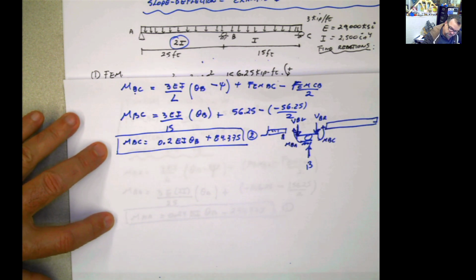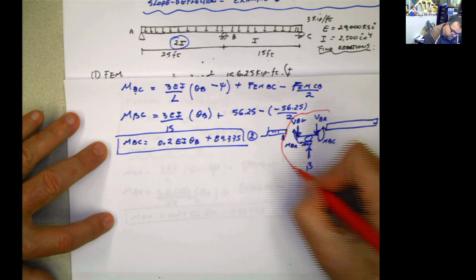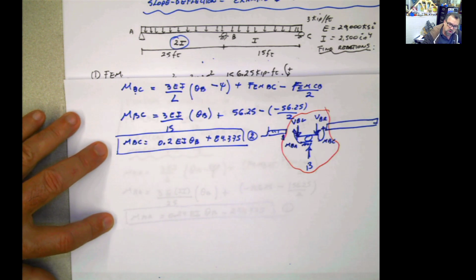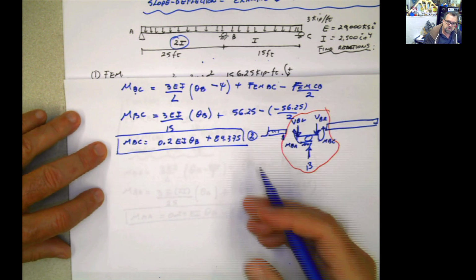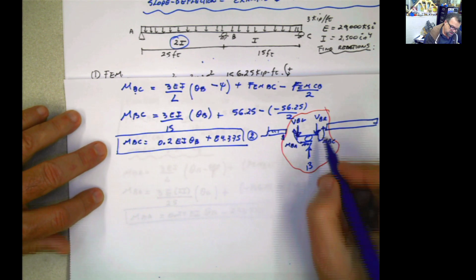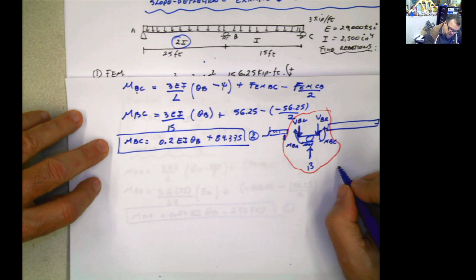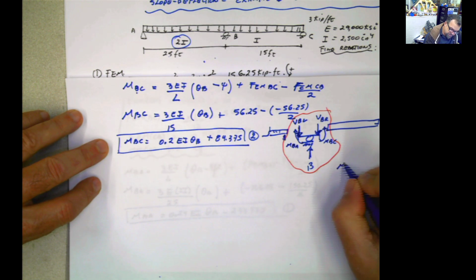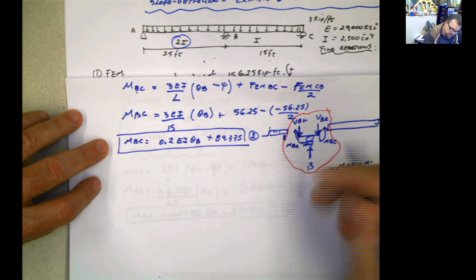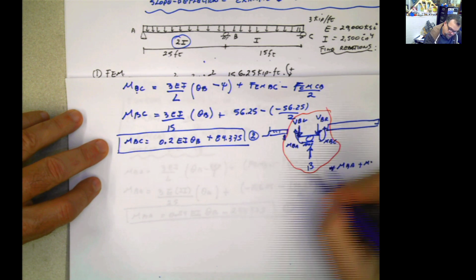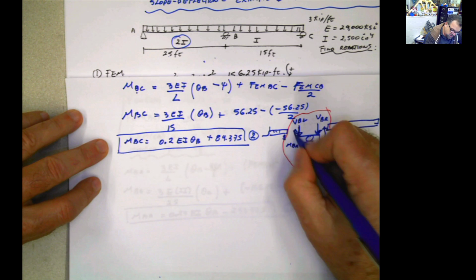So if you just focus on this cut, you don't have to do this every single time. I'm just doing this to explain what is happening here. If you do summation of moments at B only for the joint, then what you get is MBA plus MBC. I don't know the direction, so let's put the same direction.